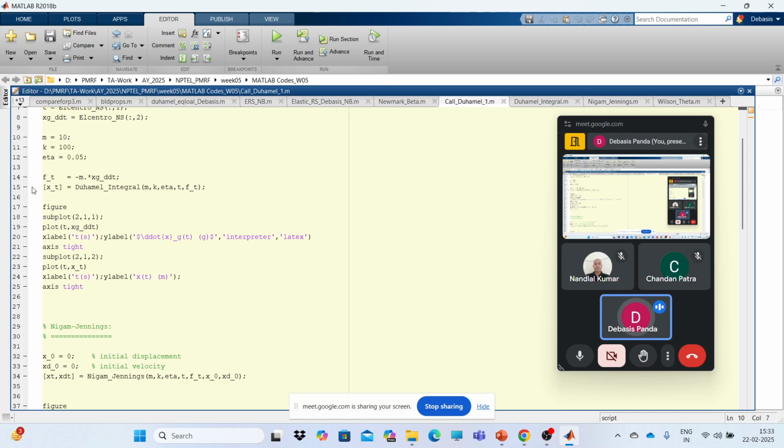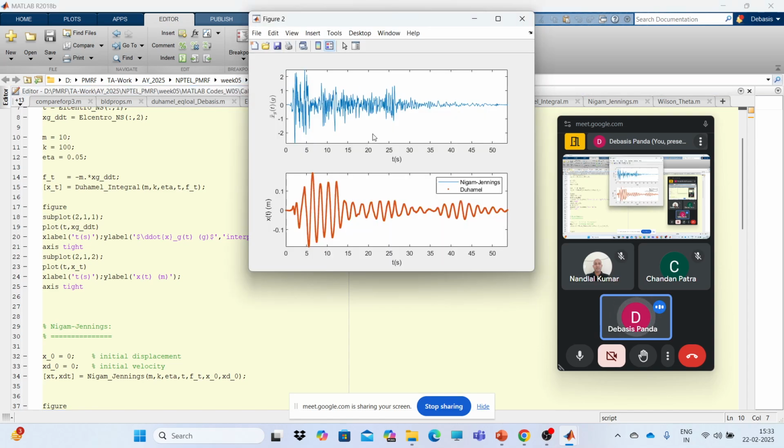In this way, for any time instant, whatever time we have taken, or however long this earthquake load acts on the structure, like 50 or 60 seconds, for 60 seconds it gives the responses. We can also get the responses over, say, 100 seconds, after the earthquake force has diminished, whatever the responses are.